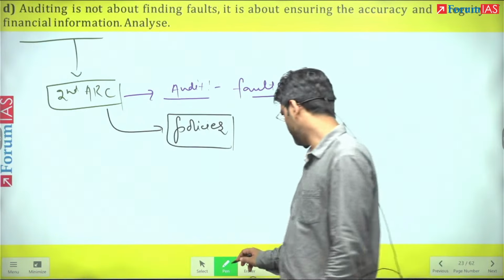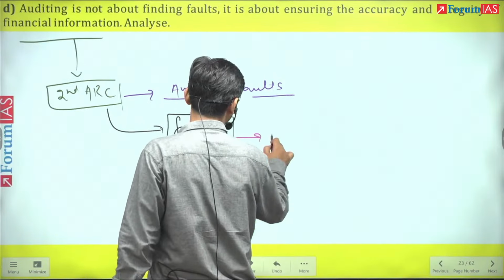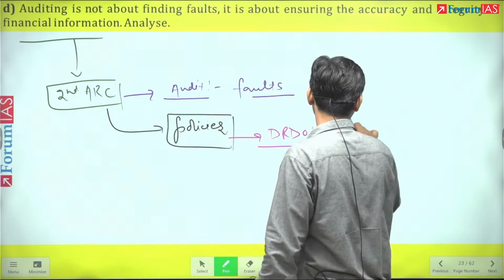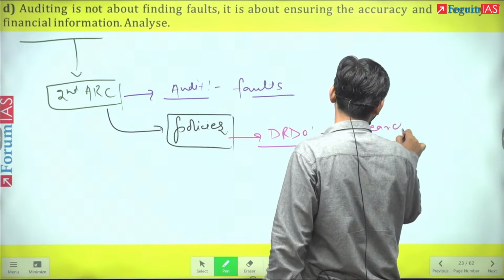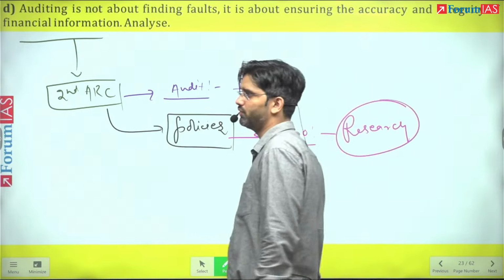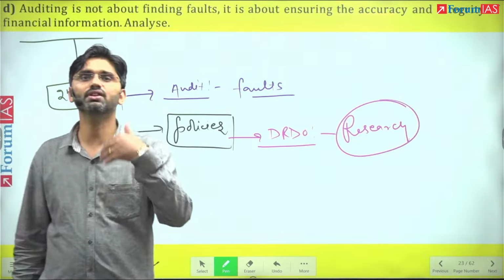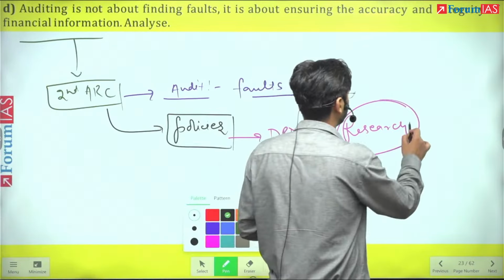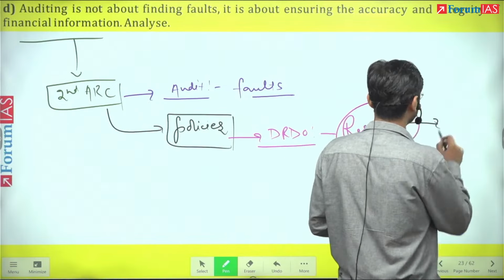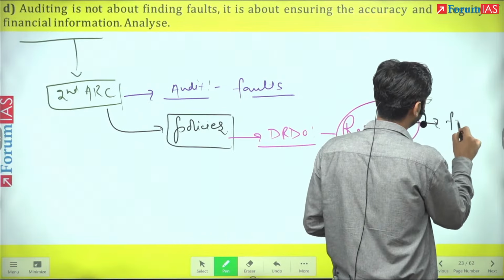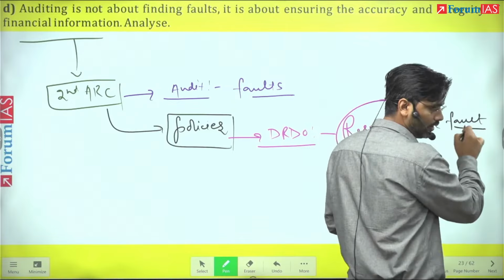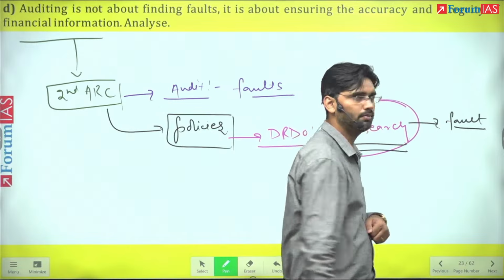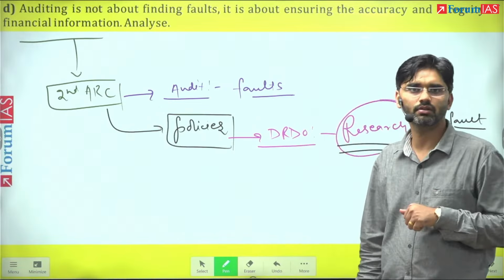For example, recently the DRDO chief argued that, right, what happens? See, research is the kind of thing where you need to invest lots of money. Many times it fails. Right? Many times it fails. But what happens? The audit report will say this is a fault. Now, if this is a fault, then who will do research?